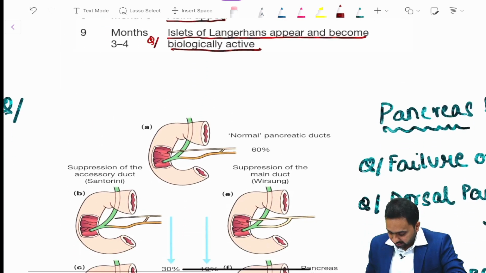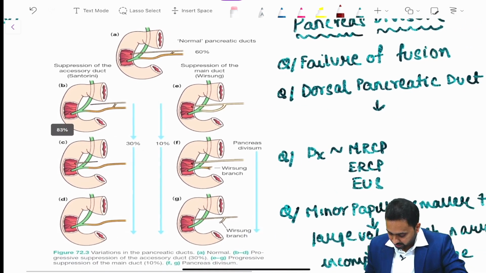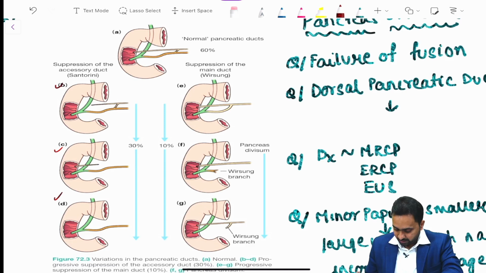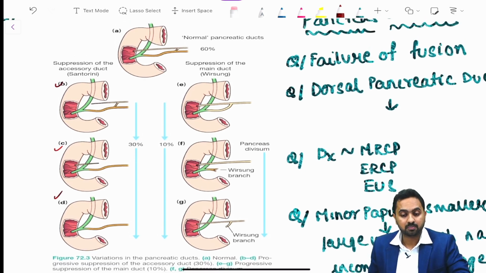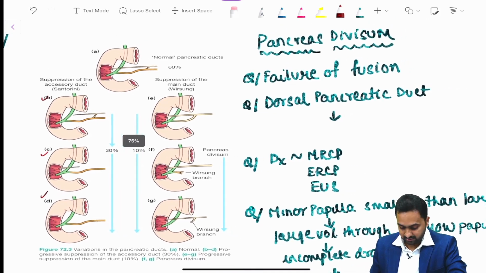Now we have this image over here, which shows in image A your normal pancreatic ducts, and on the right side, in B, C and D, it shows suppression of your accessory duct, whereas E, F and G show suppression of your main duct. Now the disorder that is associated over here is pancreas divisum, right.